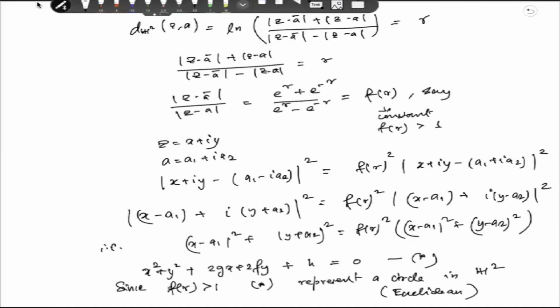So here you can see the center and the radius will get changed. So what we have proved so far is that hyperbolic circles are Euclidean circles. And now let us prove the other way.